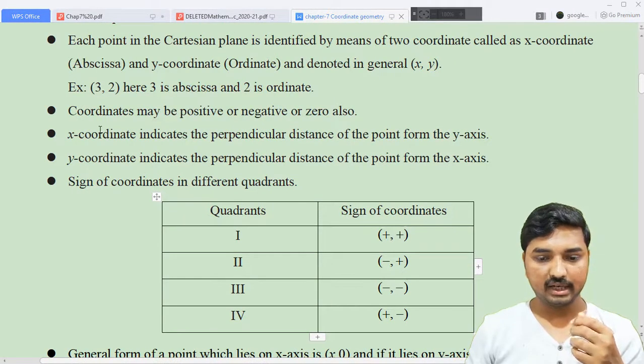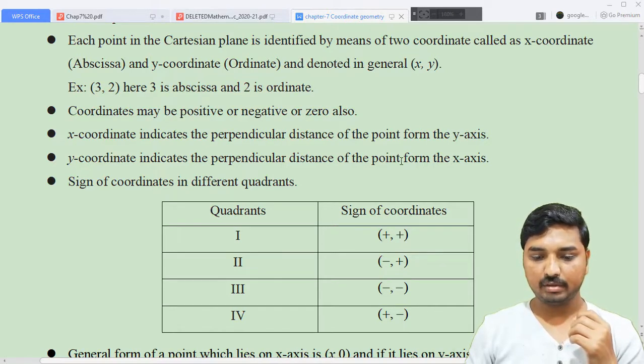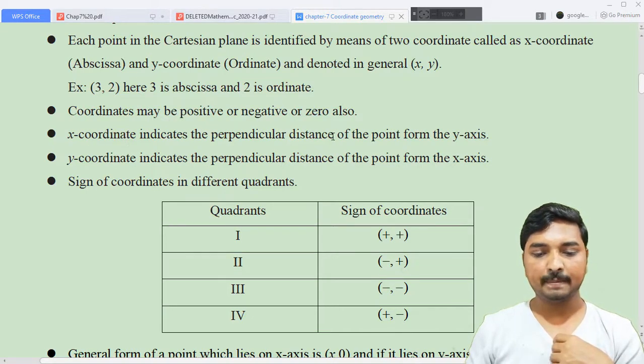Now look at the next point. The x coordinate indicates the perpendicular distance of the point from the y-axis, and the y coordinate indicates the perpendicular distance of the point from the x-axis. Just try to understand this: x coordinate is the distance from the y-axis, y coordinate is the distance from the x-axis, the reverse.